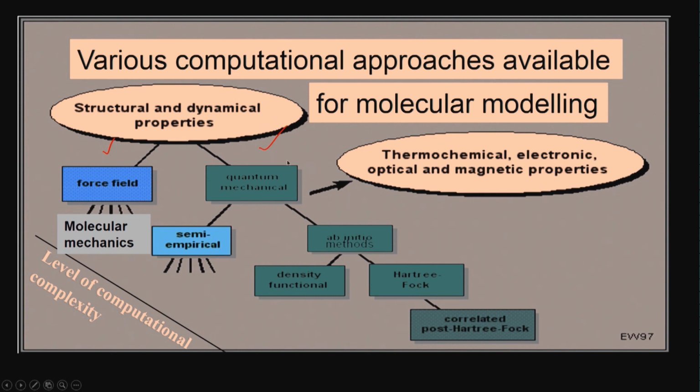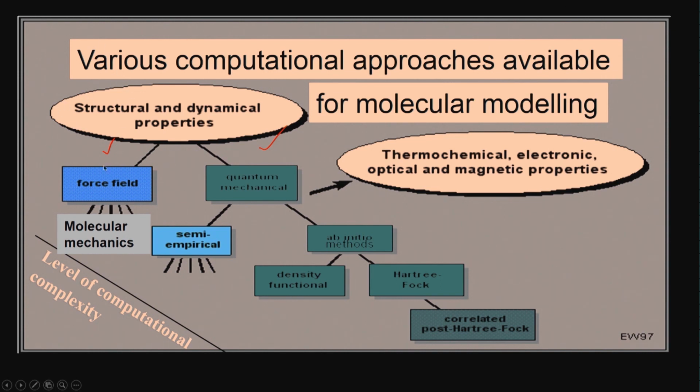Okay, the other approach is based on quantum mechanics. Here, we can look at the energy required to break a bond, form a bond, thermochemical calculations, electronic calculations, optical calculations. We can do all these using the quantum mechanics approach.